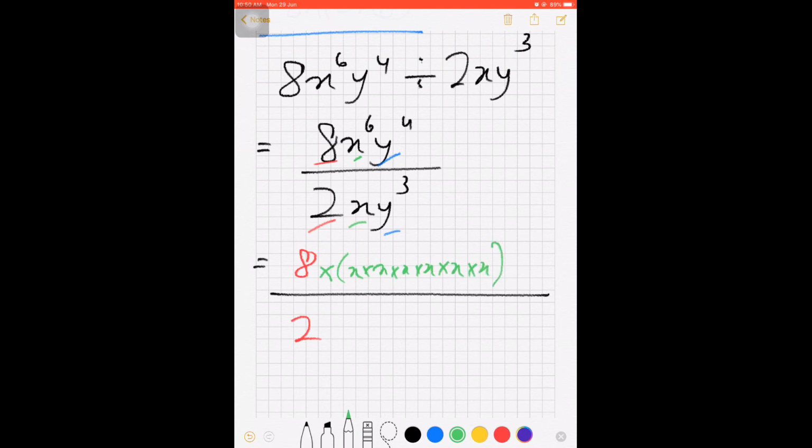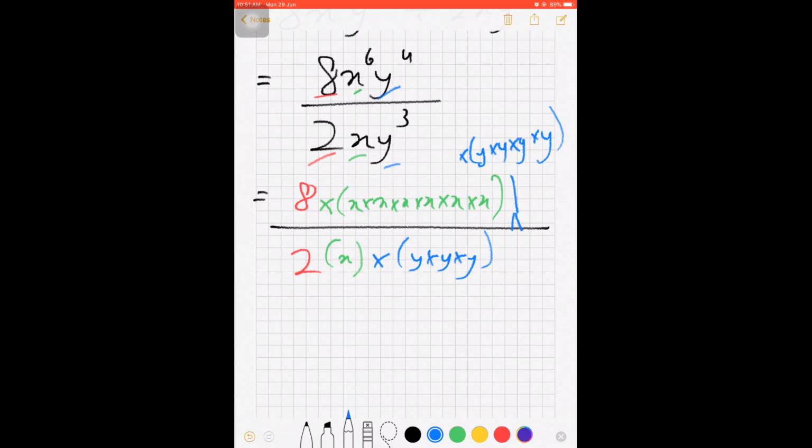Okay, bawah pun 1 je x. Bawah ni ada 1x je. Okay, atas y kuasa 4. So there's, kena tinggi sikit. So there's 1, 2, 3, 4. Okay, bawah ada 3y. Sebab y kuasa 3 kan. So 1, 2, 3. Okay, what's the next step?